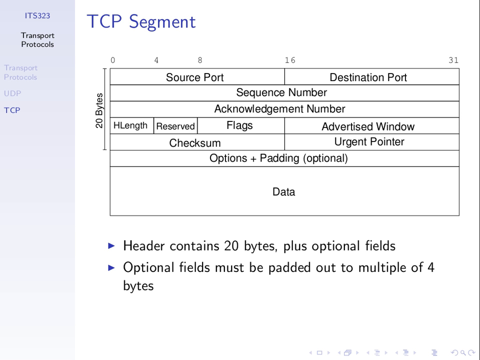So this second segment has two purposes. The first purpose is for B to tell A about its chosen initial sequence number. The second purpose is for B to tell A that it accepts and acknowledges the ISN chosen by A by sending back ACK number, this is 317.